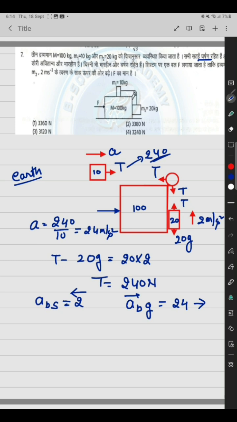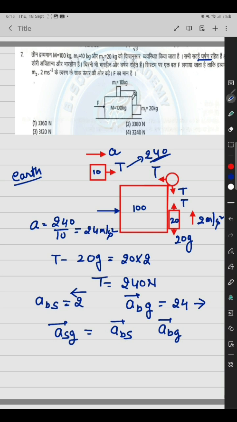Now the acceleration of the system with respect to ground is equal to the acceleration of the block with respect to system and the acceleration of the block with respect to ground.